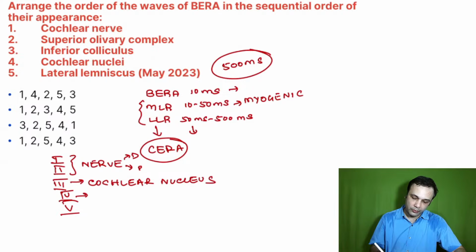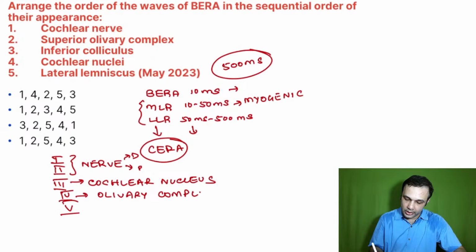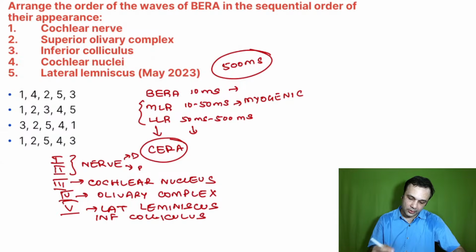Wave 4, what is the next one? Olivary complex, right? And eventually it drops down to lateral lemniscus and inferior colliculus. Okay, so this is how the pathway goes.